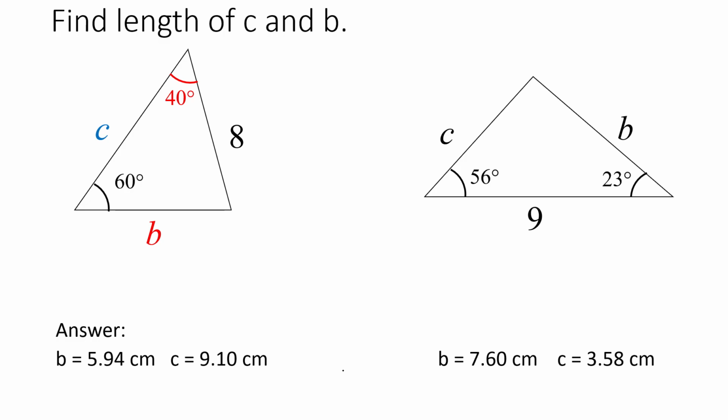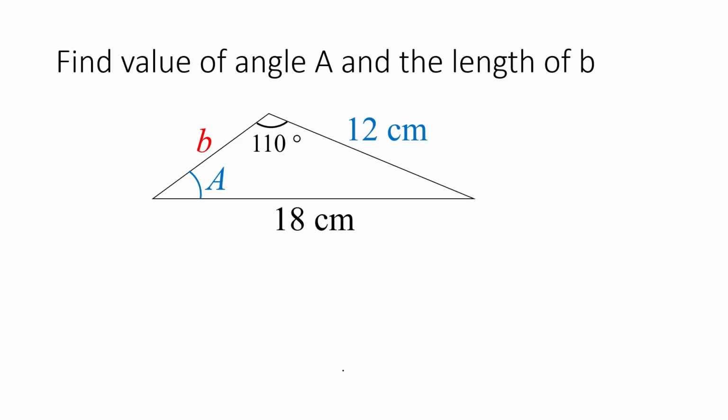So now that we have found how to find the length, let us go to how to find the angle. Over here, I have this question, find the value of angle A and the length of B. Again, we apply the same thing. So let me change to my blue color ink.